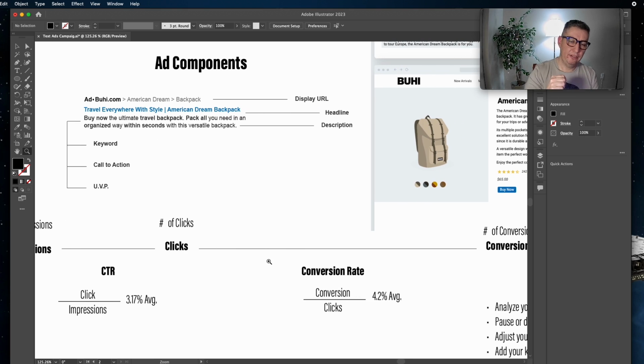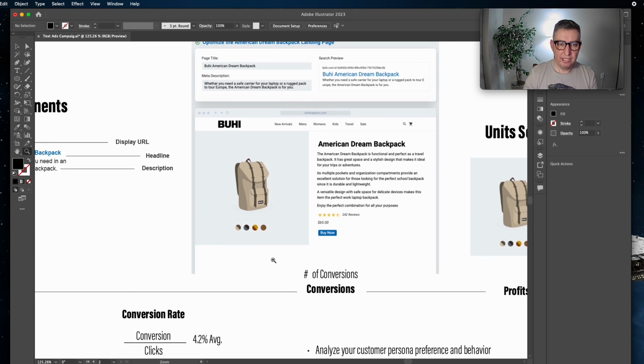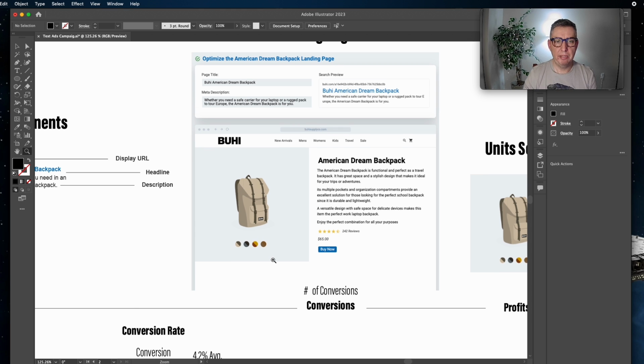Once people have clicked on your ad, they will move to your landing page. So it's on the landing page where the conversion will happen. If you have a good number of conversions, it means that the information on your landing page is good. It's attractive, it's appealing, it's enough.